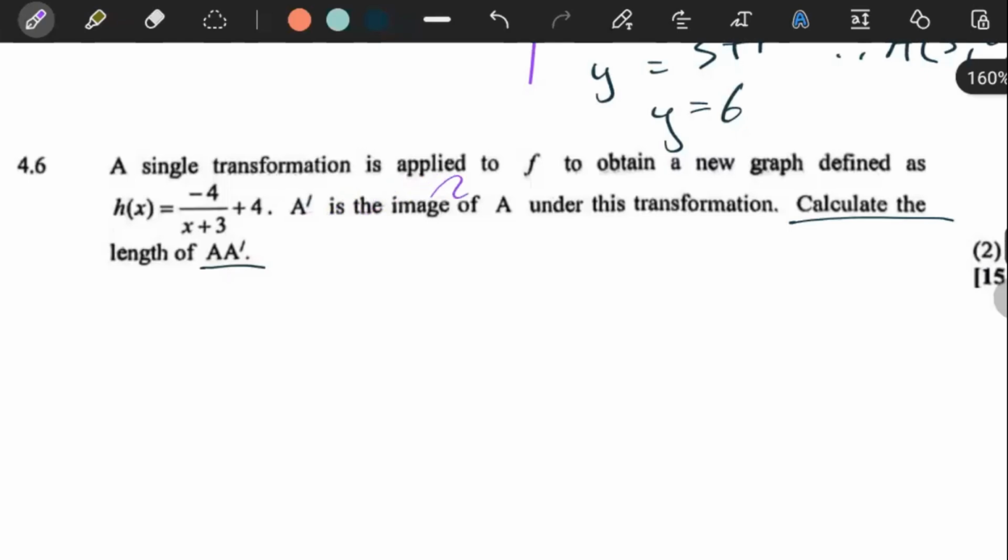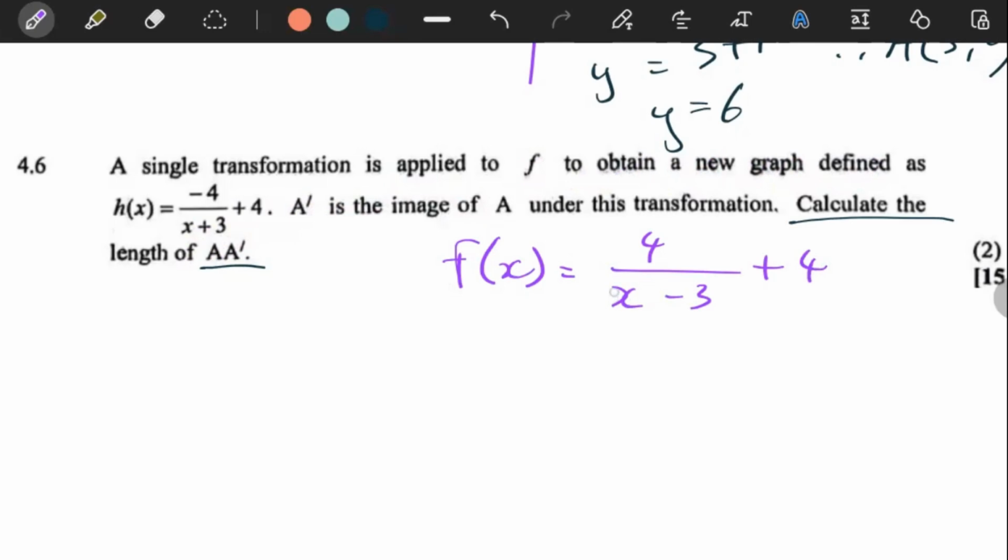So let's see. A single transformation is applied to f to obtain a new graph defined as this. Okay, so the original graph of f looks like this. X minus 3 plus 4. Right?